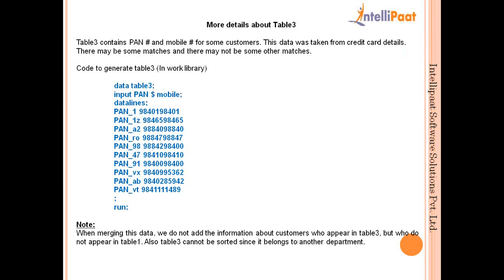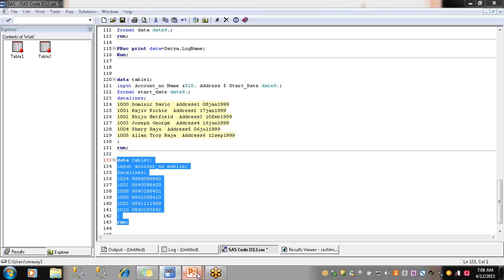Now, table 3 contains PAN number and mobile number for some customers. This data was taken from credit card details. There may be some matches and there may not be some other matches. So this is the third table which we need to create.